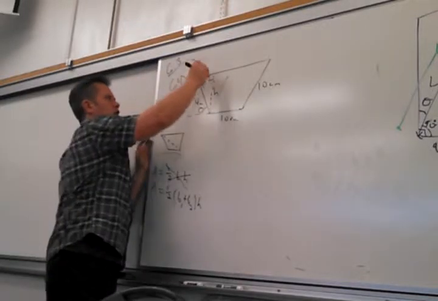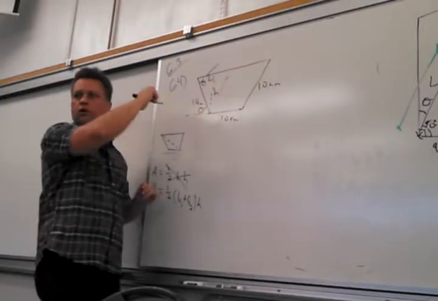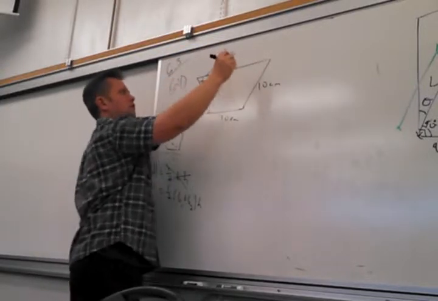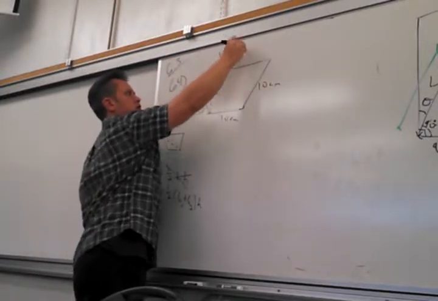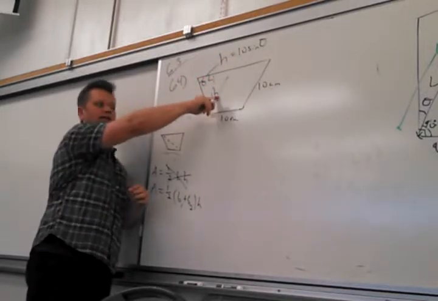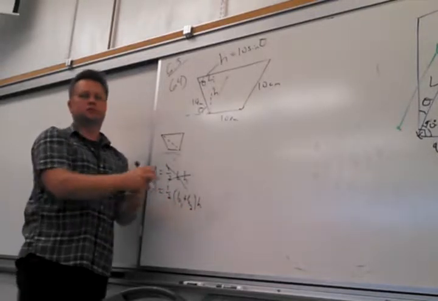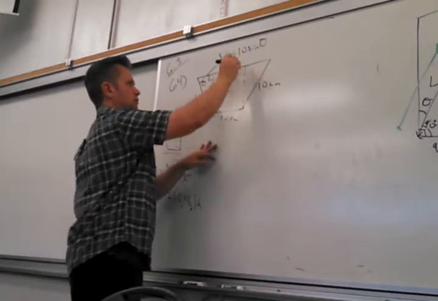So what would you get there? H equals 10 sine theta. I like it. So that's the height. The height is 10 sine theta. And what else do we not know? Let me go ahead and draw on this other height.